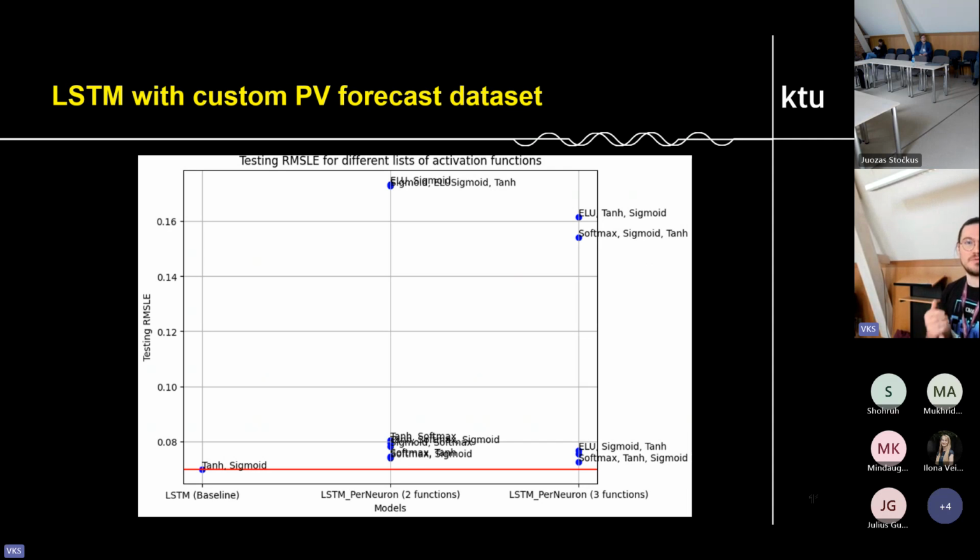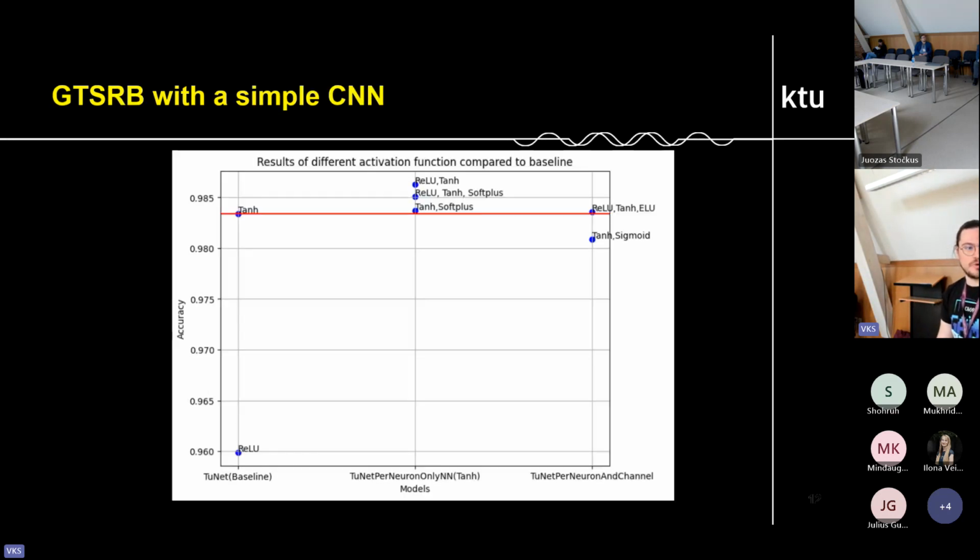Then we had an LSTM model on our custom solar panel generation forecasting model. In this case, we didn't achieve better accuracy, but we achieved the same accuracy as using one activation function. Going forward, we go into image classification with a simple convolution network. So we do see a slight increase in the accuracy, which is not very notable in this case.